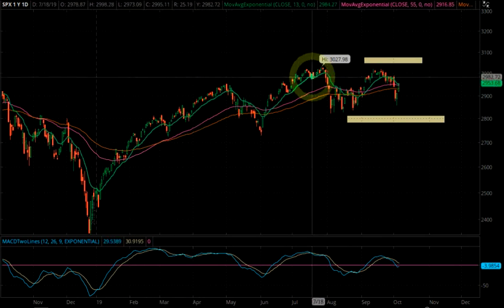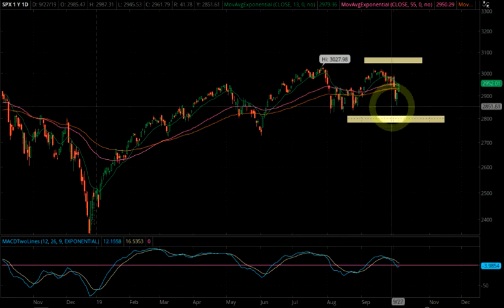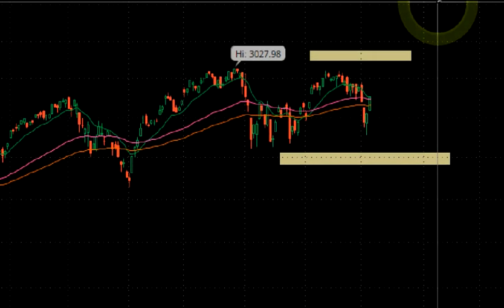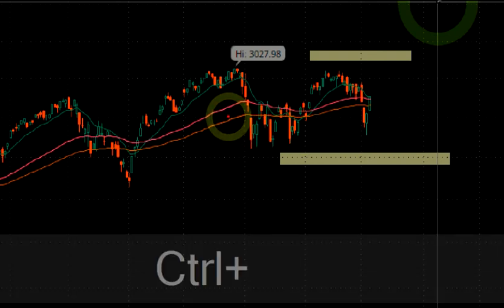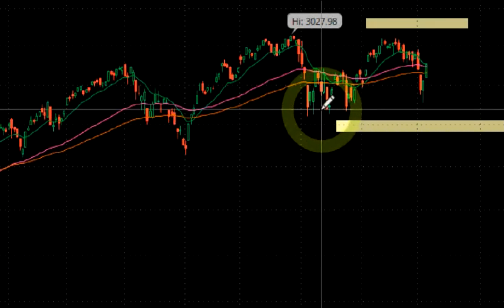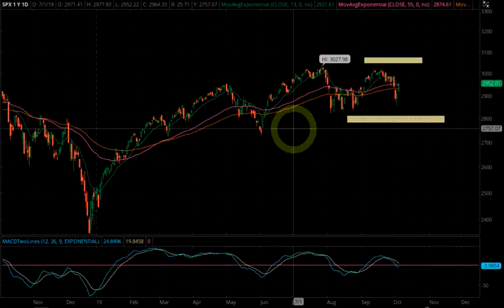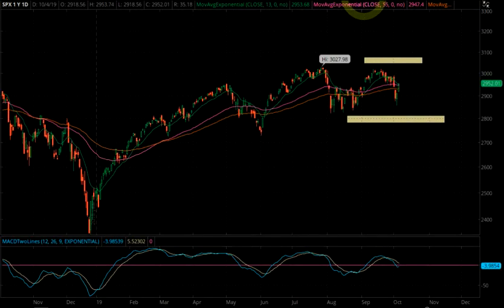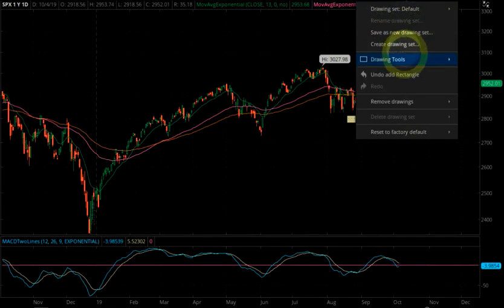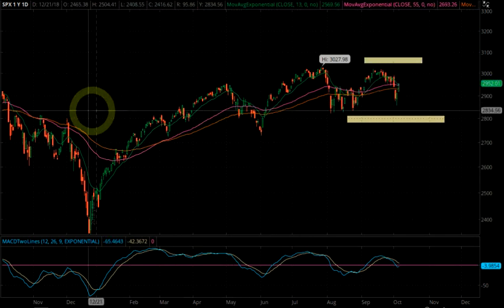So I would expect, at a minimum, to retest this low right here, probably next week sometime. These kinds of moves are not for the faint of heart. So just be careful, and it's your money. You got to do what you got to do, but be careful.